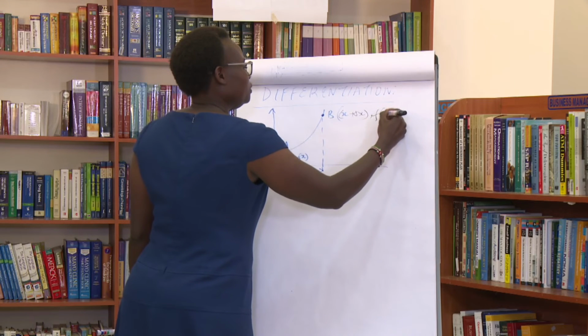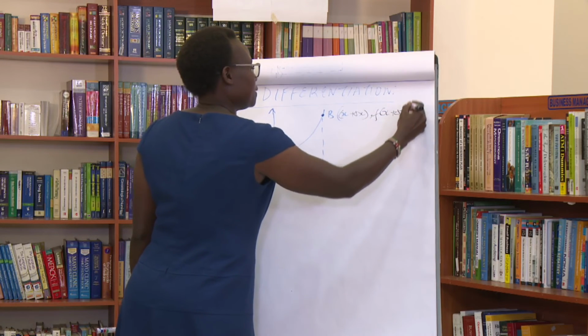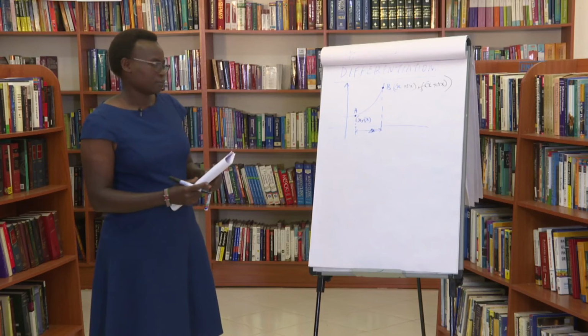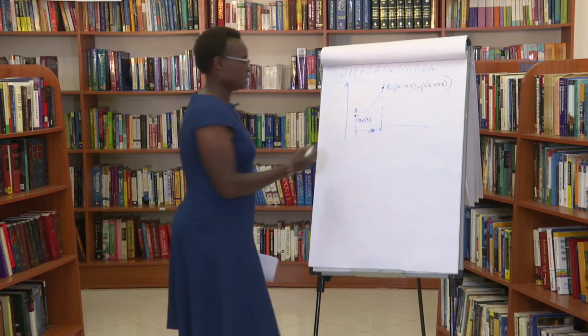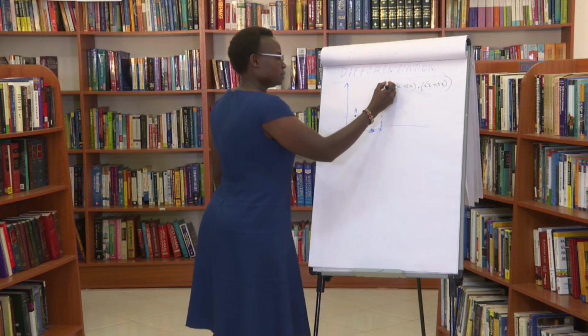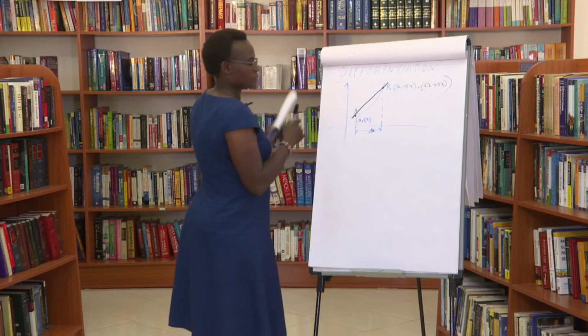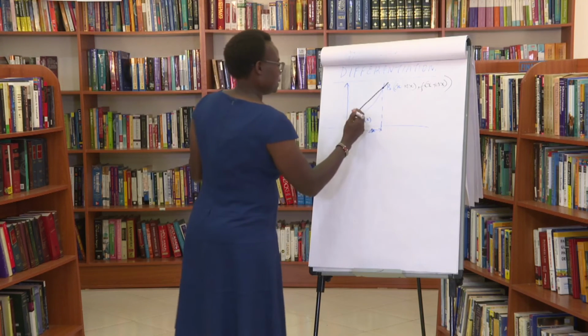And the y coordinate, we know that is always a function of the x coordinate at that point. So we know that if we have this line, this is our A here.